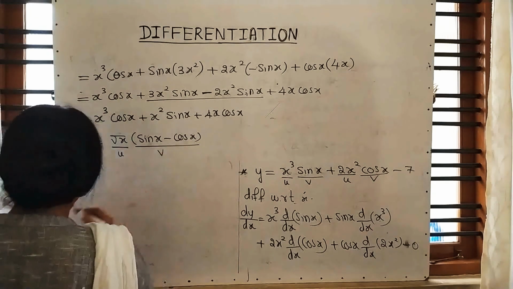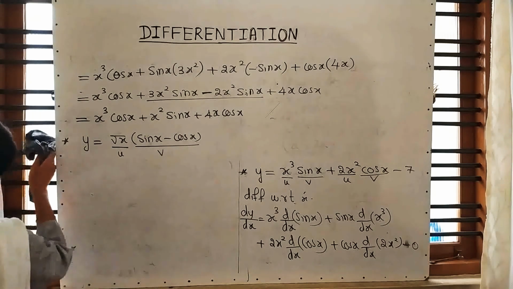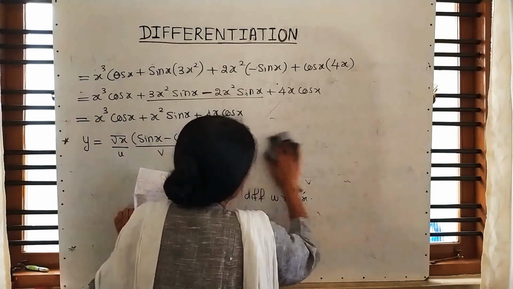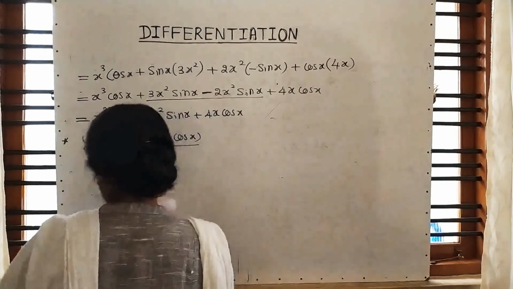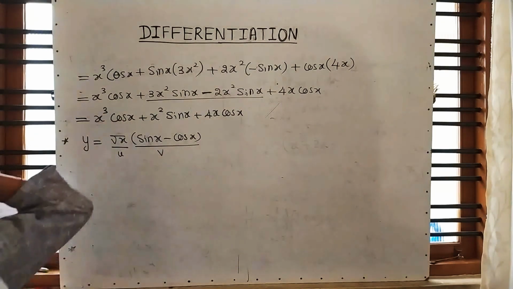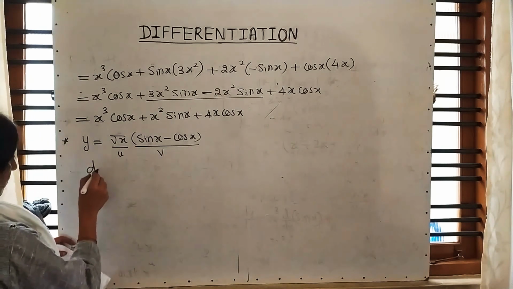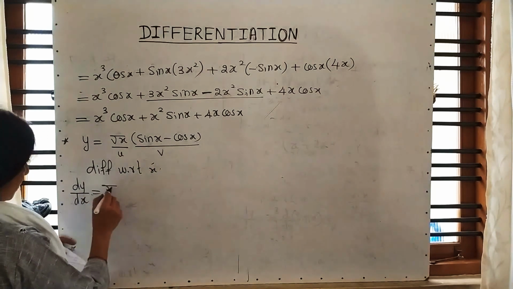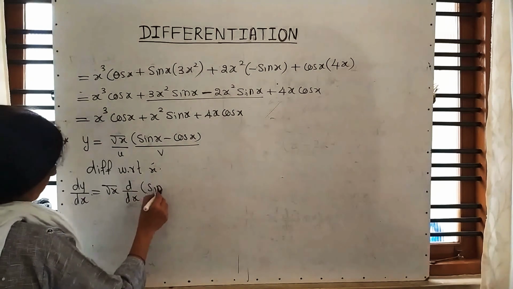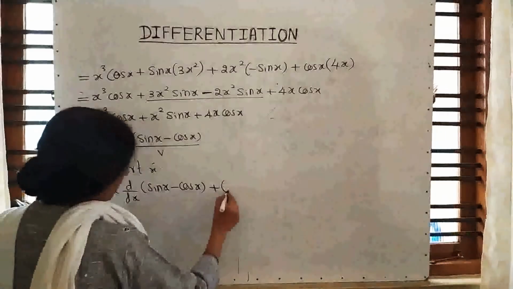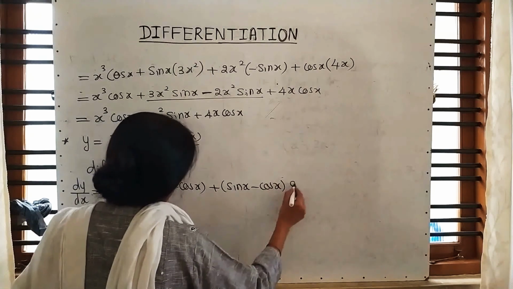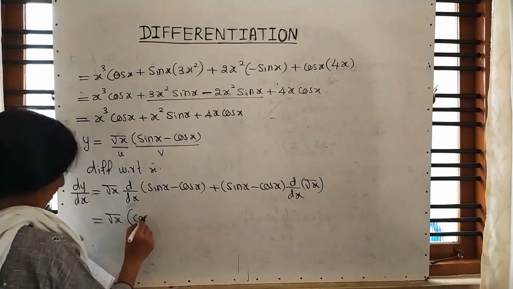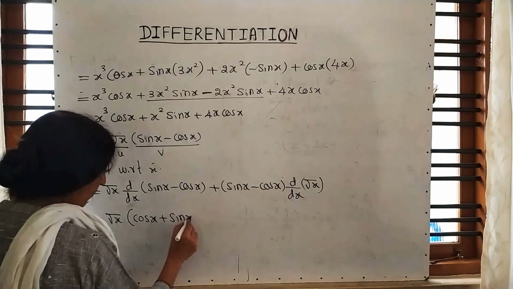This is u, this is v. Differentiation of cos is minus, already minus is there, so it becomes plus.